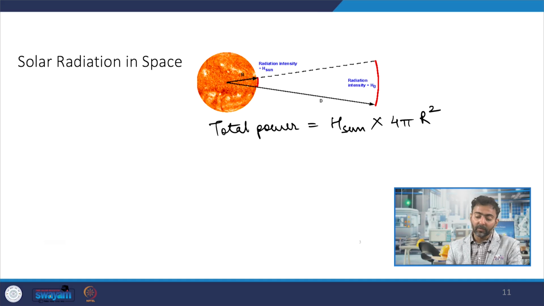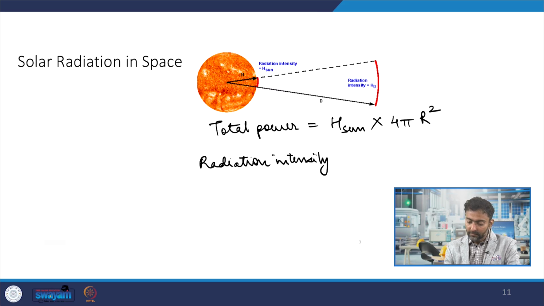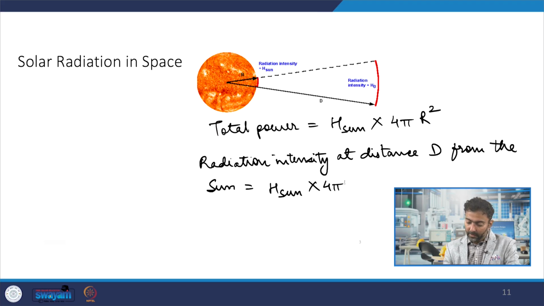If we were to estimate the radiation intensity or the power density at that distance d apart, then the radiation intensity at distance d from the sun would be nothing but the total power emitted by the sun, H sun multiplied by 4 pi r square, divided by the surface area of the hypothetical sphere at distance d, which is 4 pi d square.